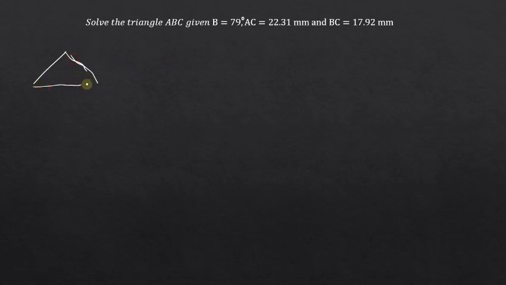So A, B, C. Angle B is 79, then AC is 22.31 millimeters, then BC is 17.92 millimeters.